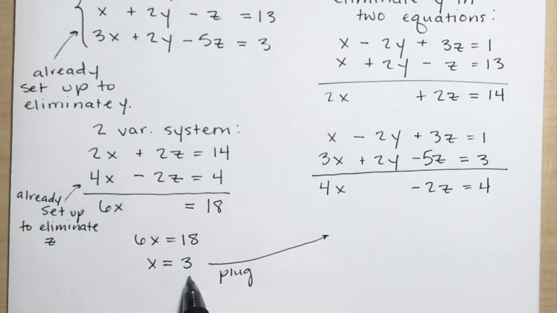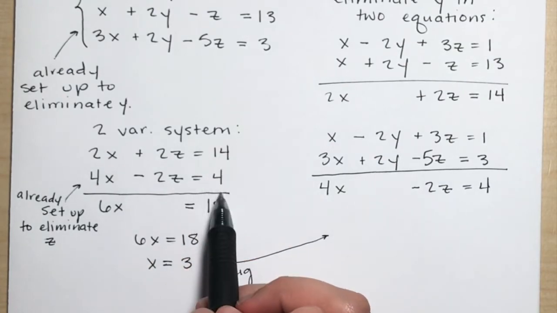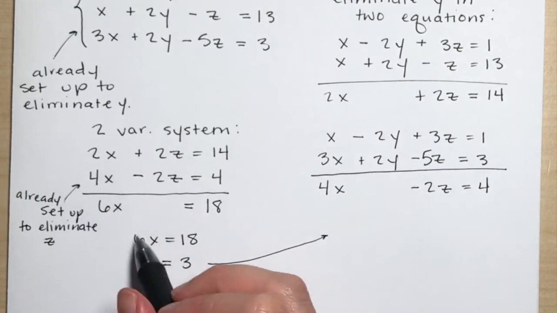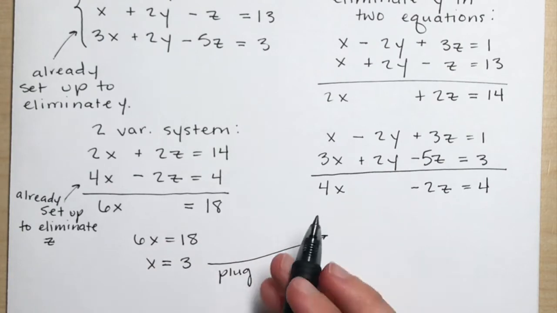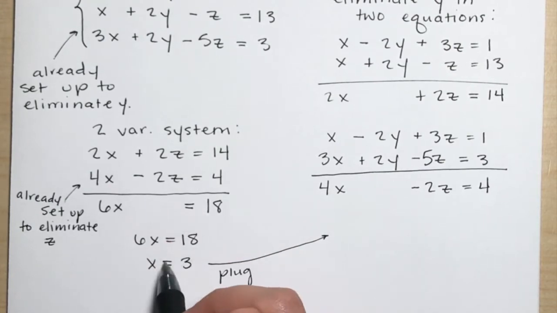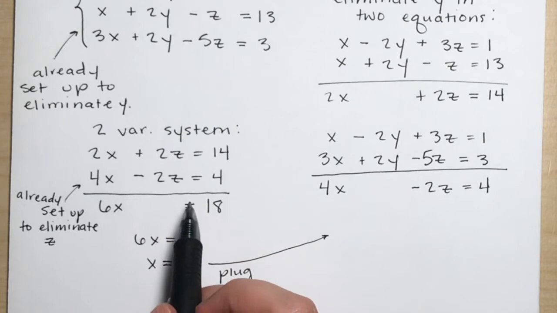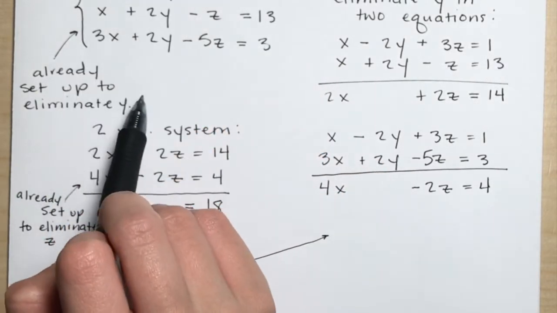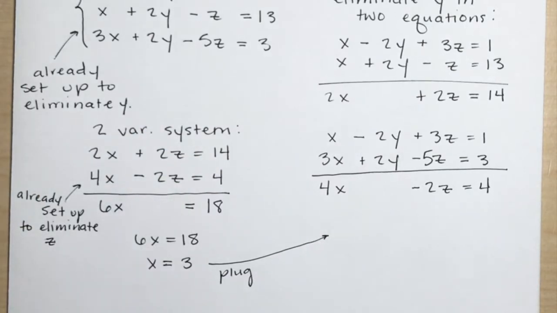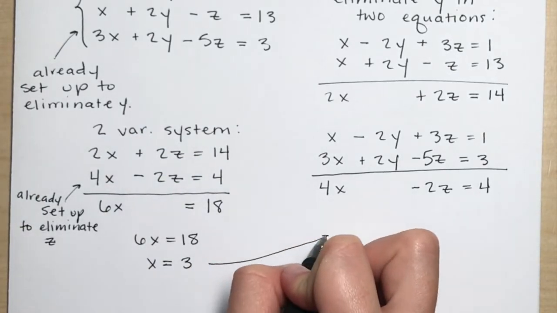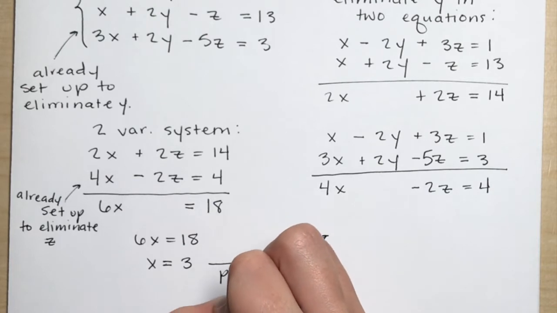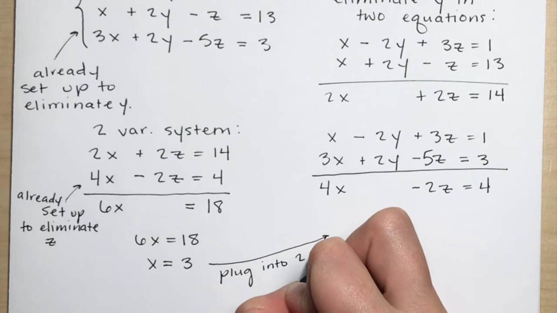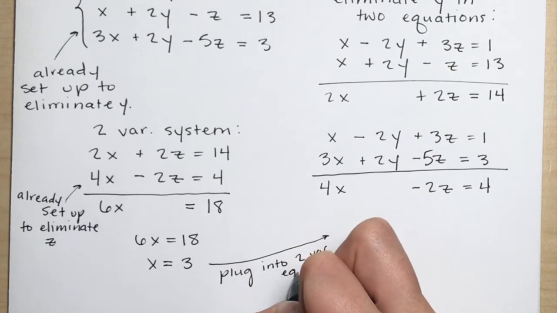Remember, we are solving this two variable system first. So now that we have one variable from the two variable system, we have to find the other variable from this two variable system. So we have to plug this into one of these. If we plug it into one of the three variable equations, we'll still have two variables left, and that won't really be helping us much. So plug into a two variable equation.